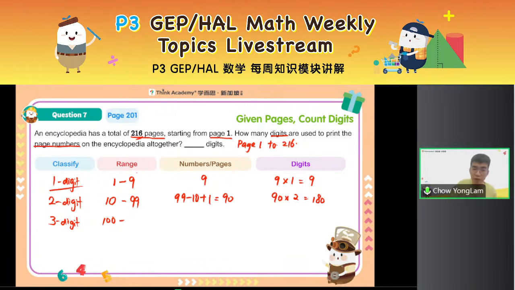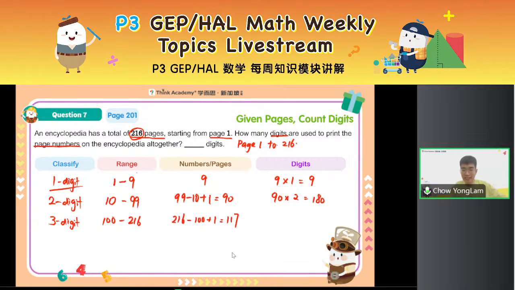There are 216 pages altogether, so I only stop at 216. I need to minus 100 to get the number of numbers, but don't forget to plus 1. 216 minus 100 plus 1 is equal to 117.